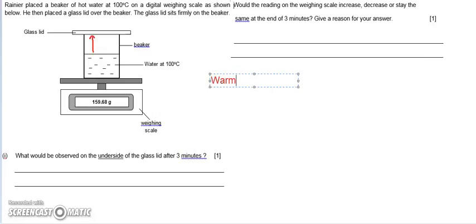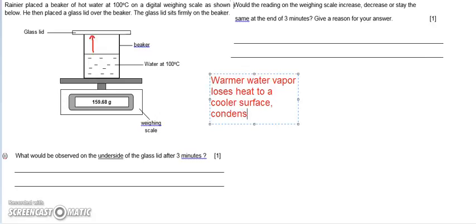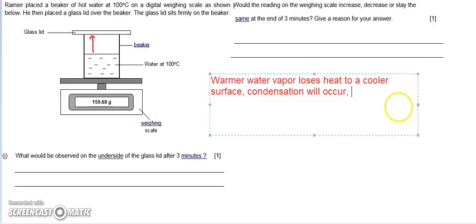So when warmer water vapor loses heat to a cooler surface, condensation will occur, and what this means is that water vapor will change state to become water droplets.